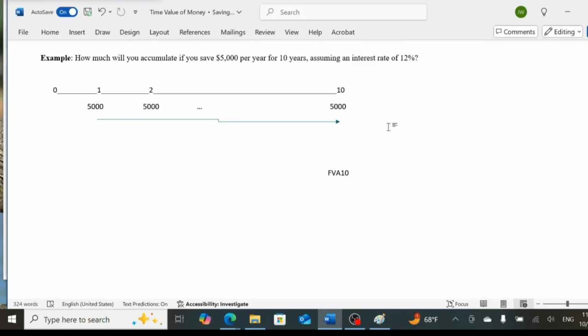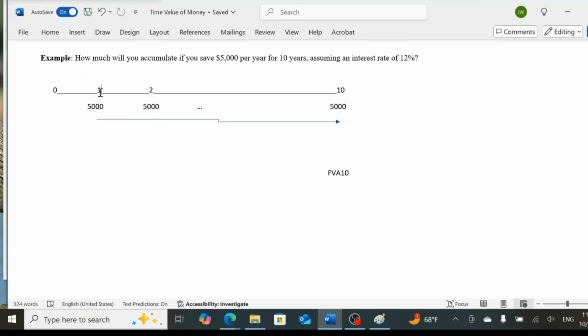So this is a future value single cash flow problem, right? Don't forget about the other $5,000, just the first $5,000. So how much will it grow after how many years?